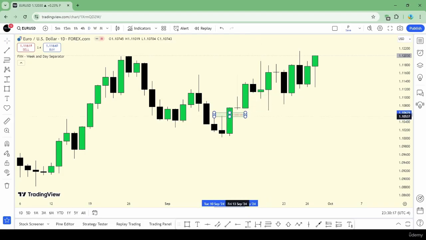Let me outline this one. Let me start with the lower one. In this one, the market hits. So what happens after we hit, or what's the idea that we want to see when the market hits? This is the 19th of September.